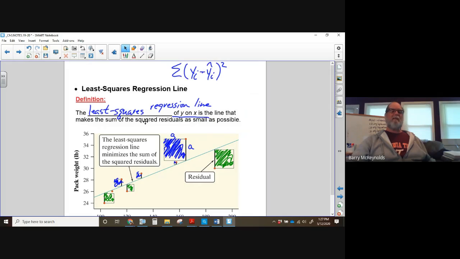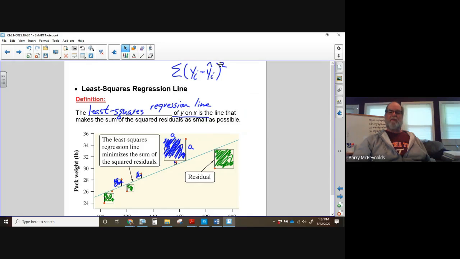And you will not have to calculate this by hand. You might have to interpret it, but part of that formula involves this summation of the squares of the differences of the individual values. Yi is the actual value minus y hat is the predicted value.